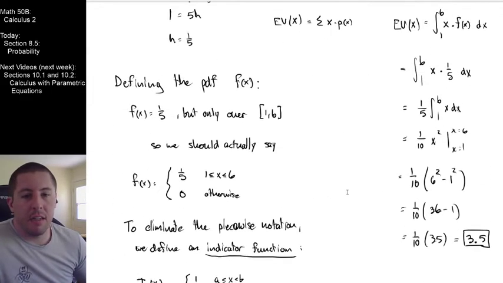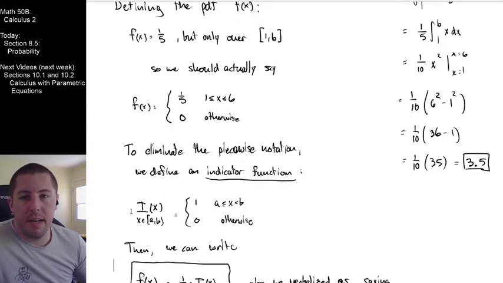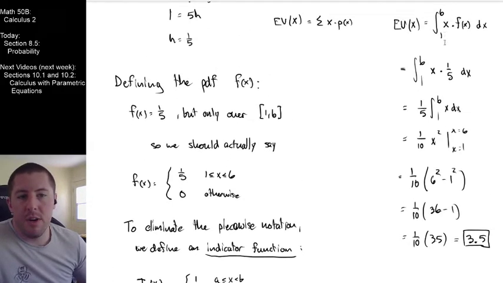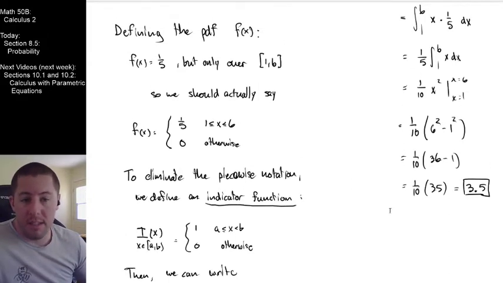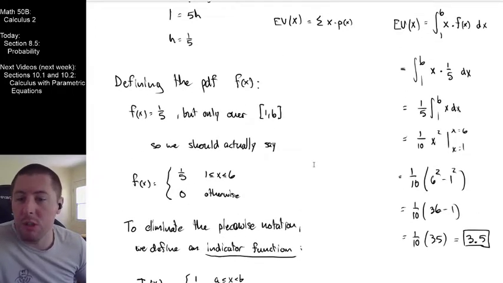Notice that very technically speaking, if we had properly defined this PDF, we should have been giving these bounds on this integral from negative to positive infinity. Because from negative infinity up to 1, our true definition of the PDF would have given us 0, which is fine. From 1 to 6, we would have accumulated this much area underneath the curve. And then from 6 to infinity, our PDF would have told us it was 0.